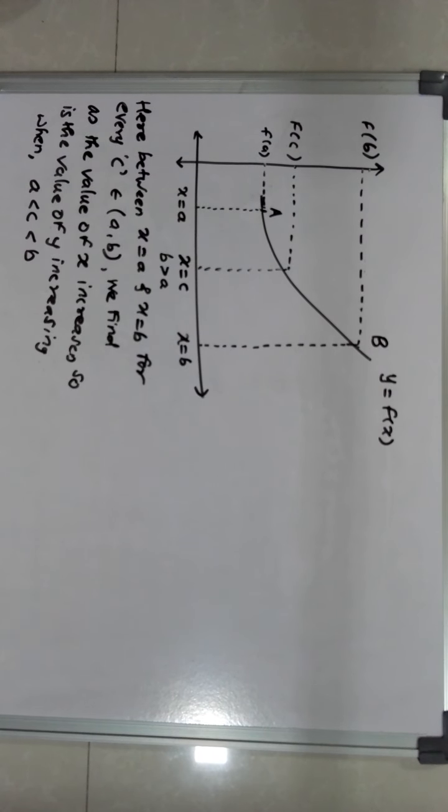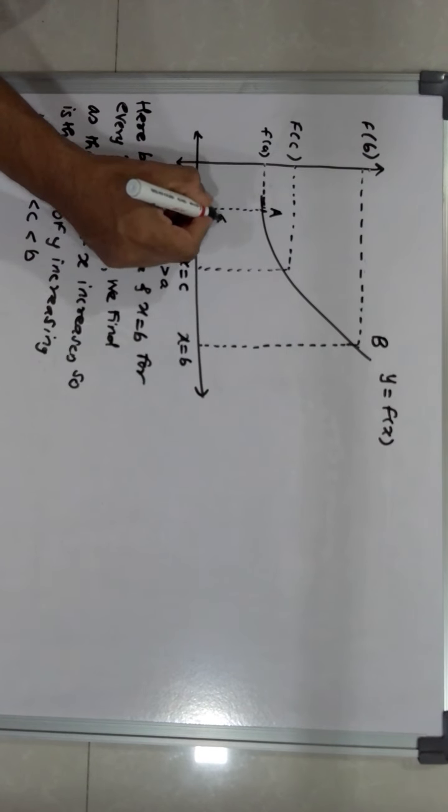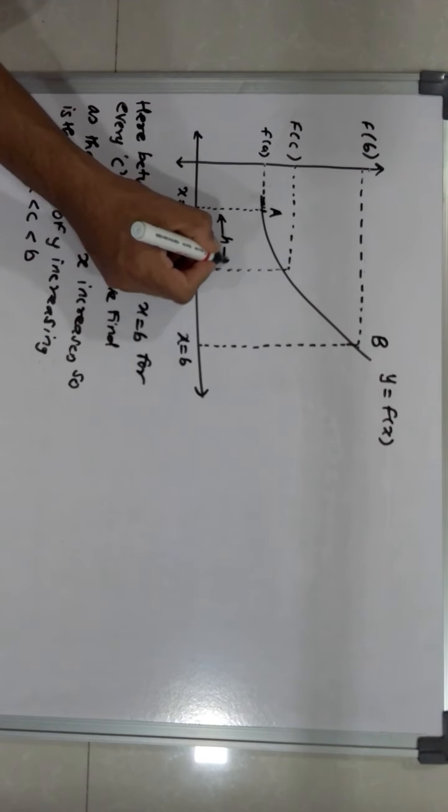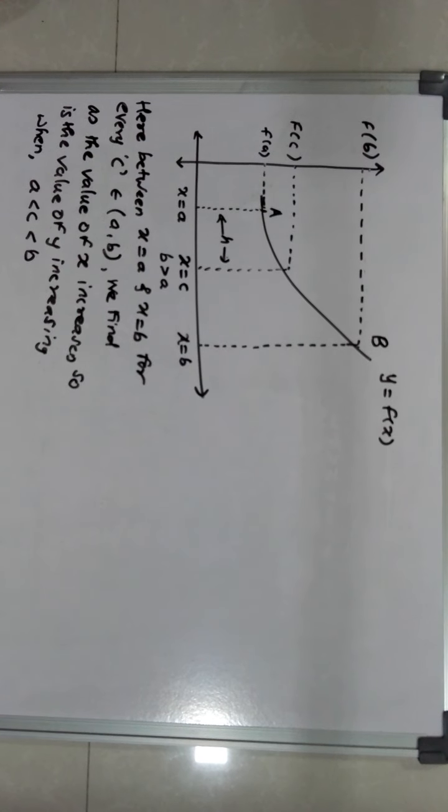Here if you see, if this particular distance is taken as h, then obviously your c will be a plus h. So this c which is there is your a plus h.